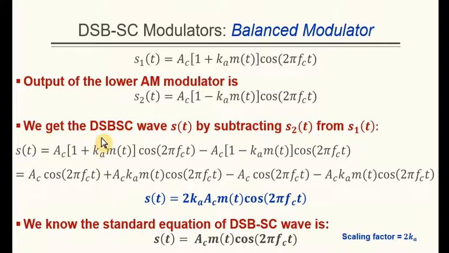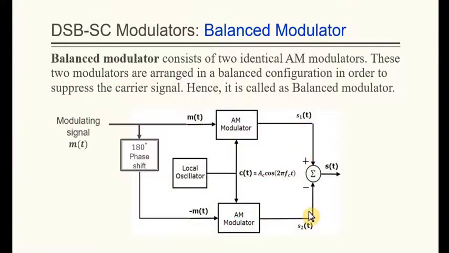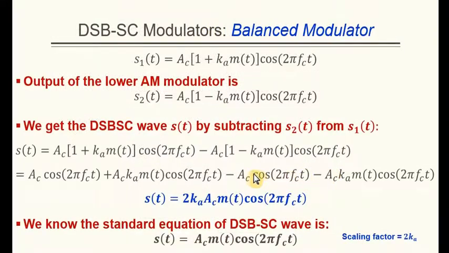So we get the double sideband suppressed carrier wave S of t by subtracting S2 from S1, as shown in this diagram. S2 of t is subtracted from S1 of t, and the result will be S of t.